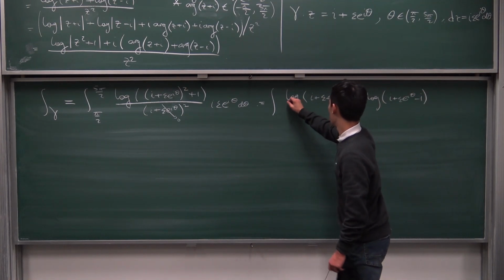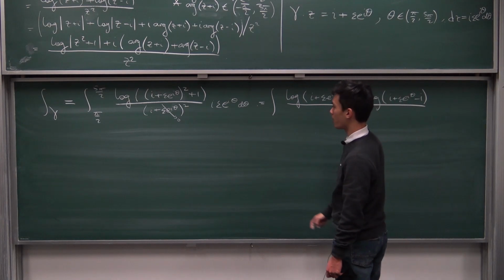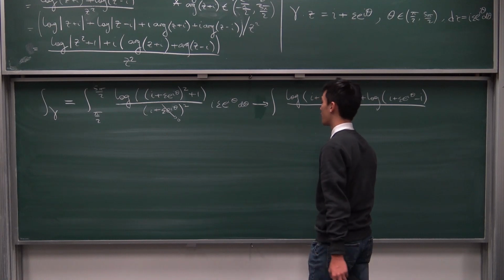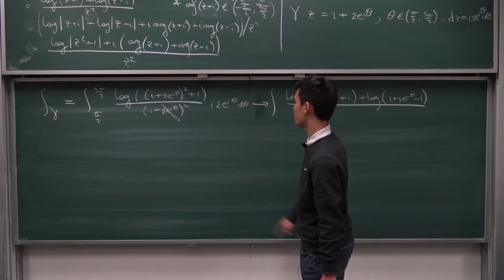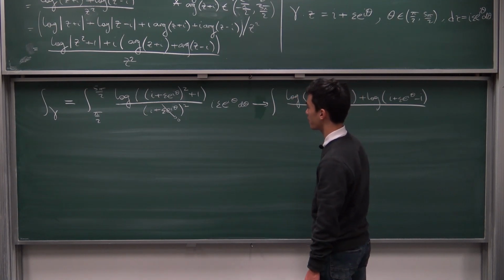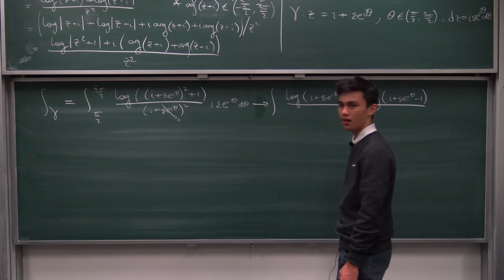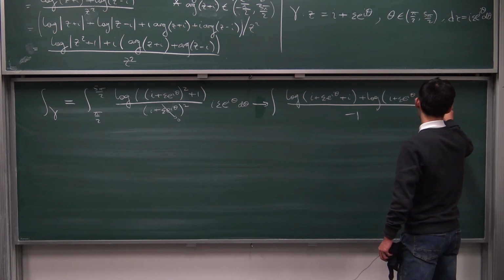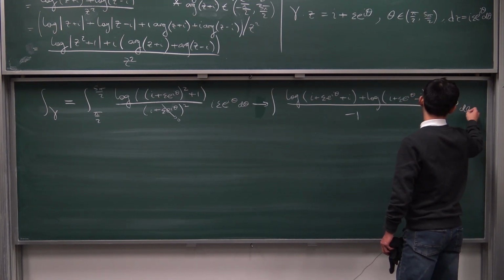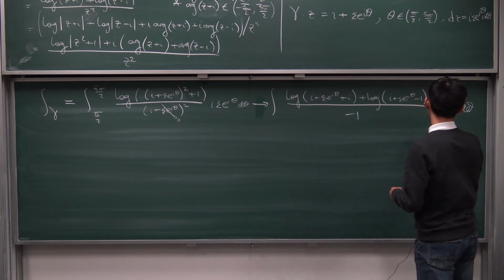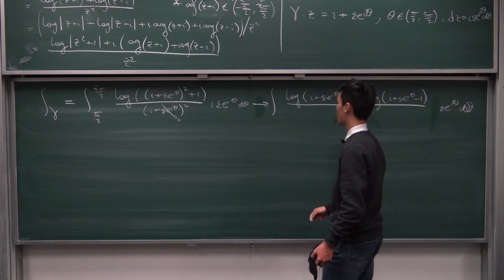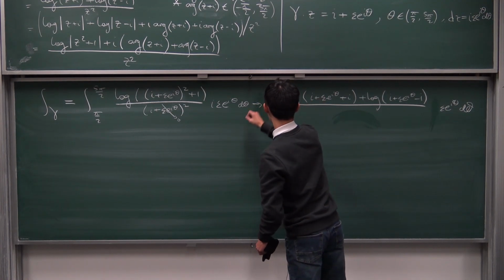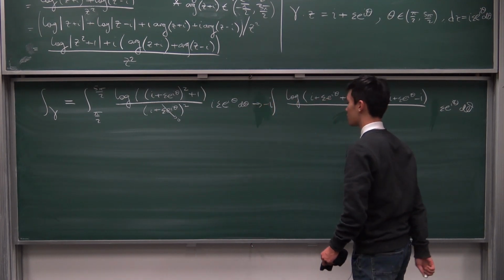All of this is divided through by, if you just start taking limits bit by bit, minus 1 on the denominator, because that's i squared pretty much. And then we have i epsilon e to the i theta d theta. Let's bring this i and this minus 1 out to the front because they're not being super useful. So we have a negative i over here in the limit, so we don't really need this denominator.